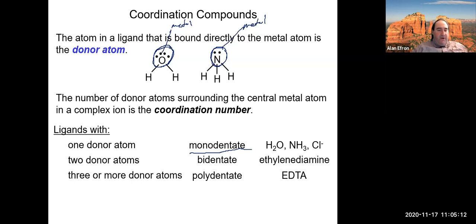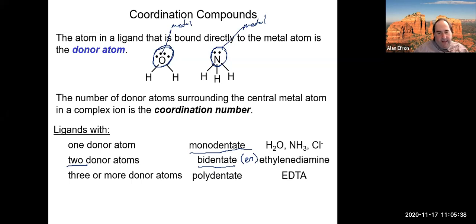Now, there are ligands that can attach in multiple places per molecule. There are ones that can attach in 2 places per molecule, and those are referred to as bidentate. Ethylenediamine is an example of that. It is commonly abbreviated en.